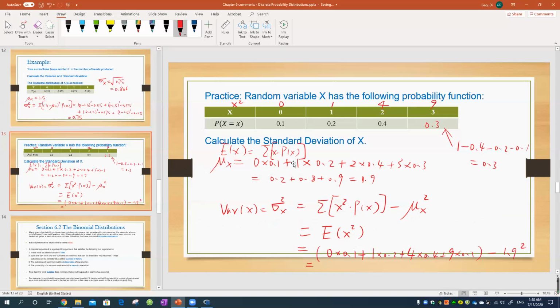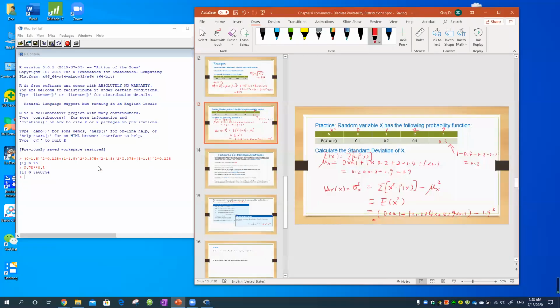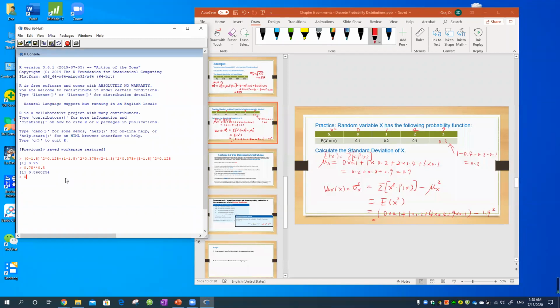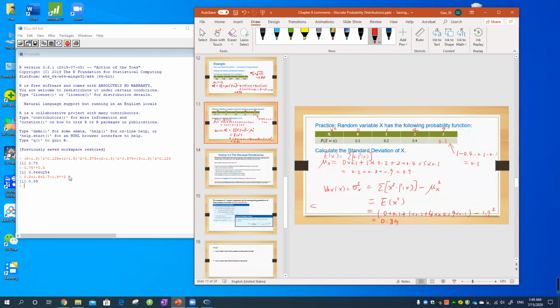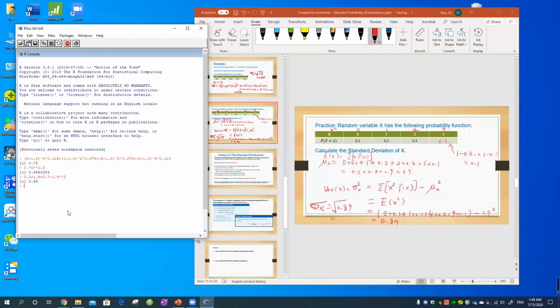So we finish the calculation to get the variance of x: 0.2 plus 1.6 plus 2.7 minus 1.9 squared. That's 0.89. Then the standard deviation sigma of x equals the square root of 0.89, which is 0.943.